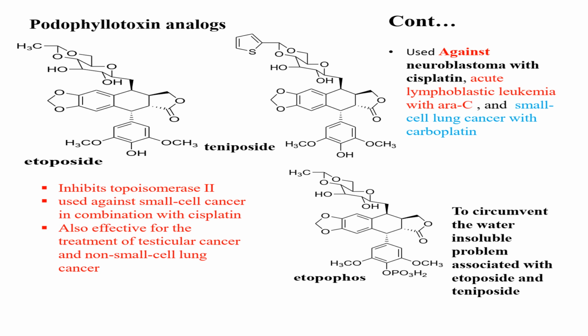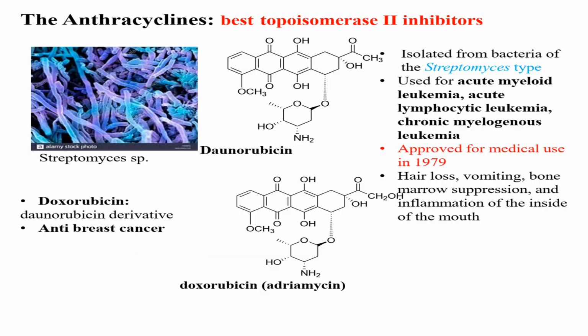Actually, this teniposide and etoposide are less water soluble, but this low water solubility was solved by producing etoposide phosphate, which is highly water soluble, from the two analogs. So these three drugs can be obtained from podophyllotoxin, which is obtained from Podophyllum plants, and are less toxic than the parent molecule of the drug.